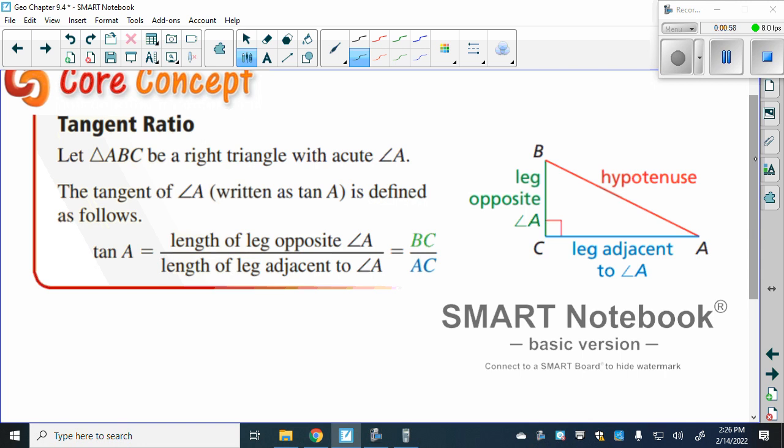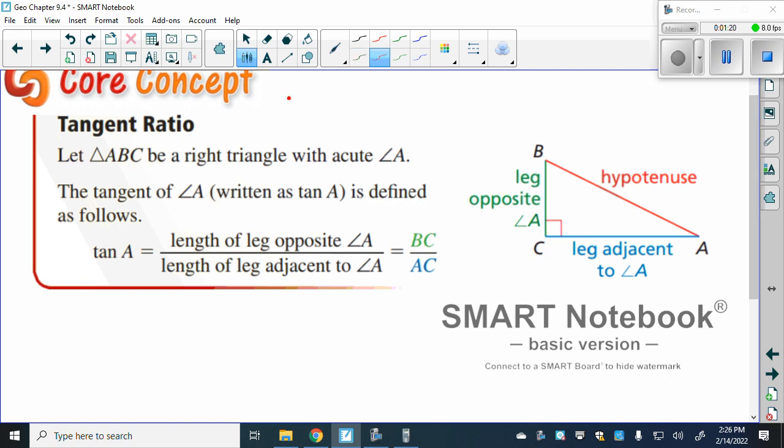That also means that comparing the two side lengths, tangent can actually be greater than 1. In sine and cosine, the value we got was always less than 1. Here, for tangent, we can get values greater than 1.